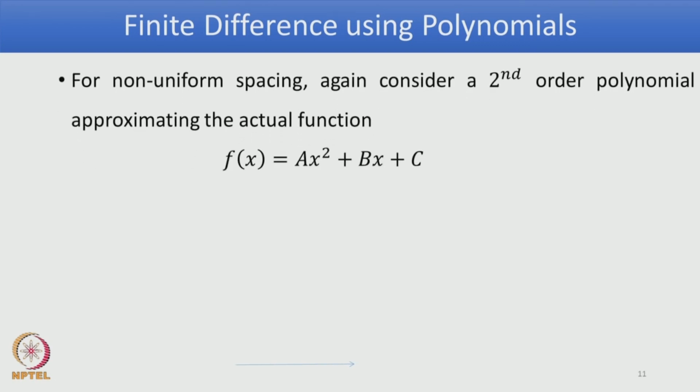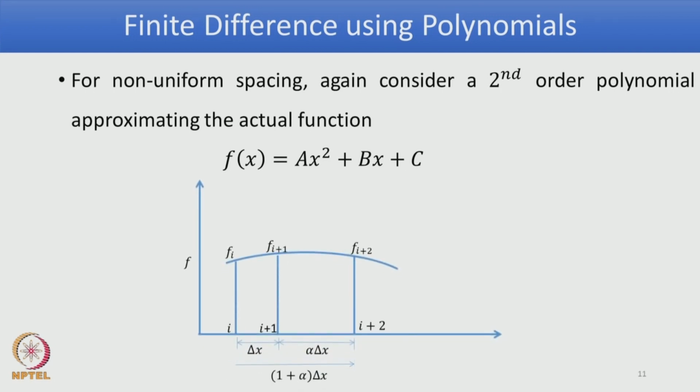The function is given, again a second order polynomial a x² + b x + c, and here is the graphical representation for non-uniform mesh. i is the point of interest, i+1 is an immediate neighbor point at a distance of Δx, and i+2 is the next neighbor point at a distance of α times Δx with respect to i+1, and at a distance of (1+α) times Δx with respect to point i.